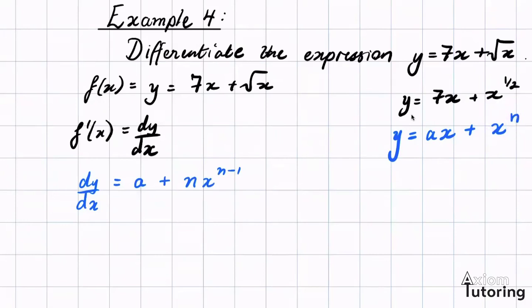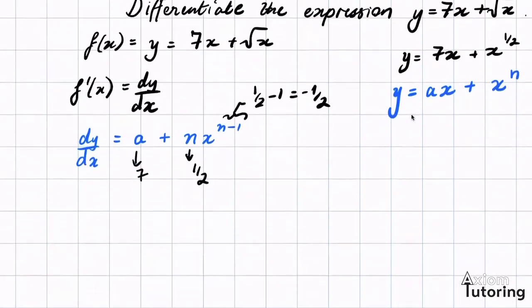If we have a look here, our a is 7, our n is a half, and our n minus 1 is a half minus 1, which is minus a half. And so if we plug those numbers in, dy over dx equals 7 plus a half x to the minus a half.